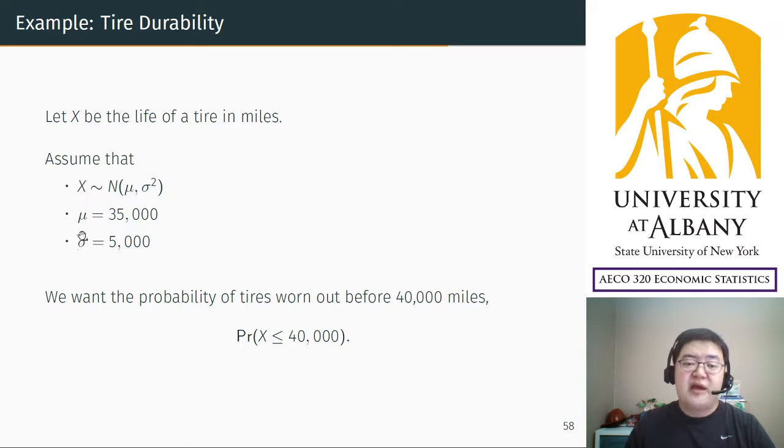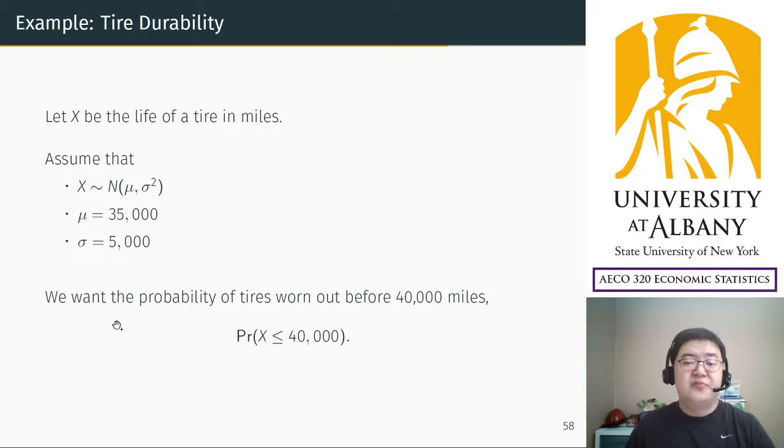By the way, I'm giving you the standard deviation instead of the variance because it's more convenient to use. Anyhow, we know the distribution of the tire mileage, tire durability. However, we cannot calculate its probability.